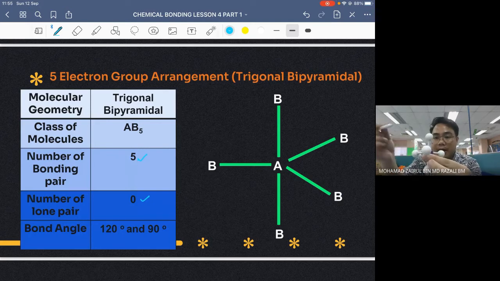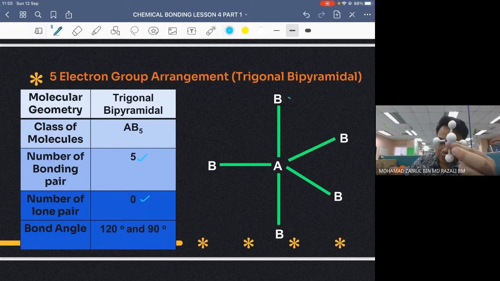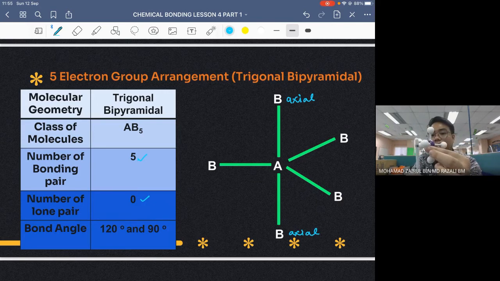Okay, so this is the molecular model for a trigonal bipyramidal. Yang awak nampak dekat atas, dekat bawah ini, awak atas dengan bawah, yang ini kita panggil dia sebagai axial. So the one that located at the top and the bottom of the plane, we call it as axial. The one yang flat ini, we call it as equatorial.